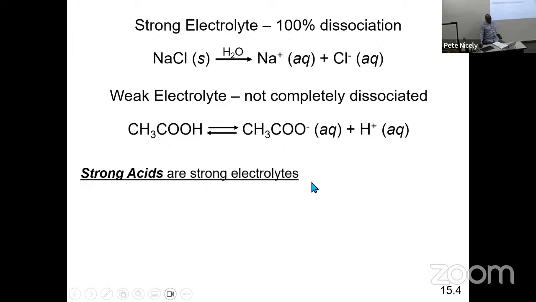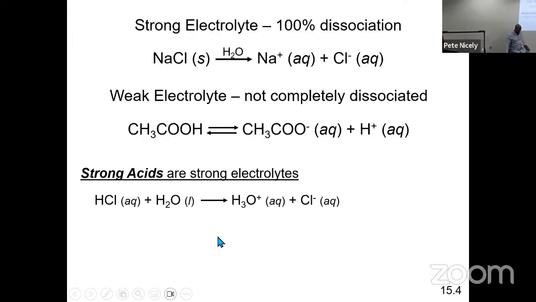Now, the terms strong and weak not only apply to electrolytes per se, but can also specifically be applied to acids and bases, right? So we have strong acids and weak acids. Strong acids are also strong electrolytes for the same reason why sodium chloride is a strong electrolyte. A good example of a strong acid is hydrochloric acid.